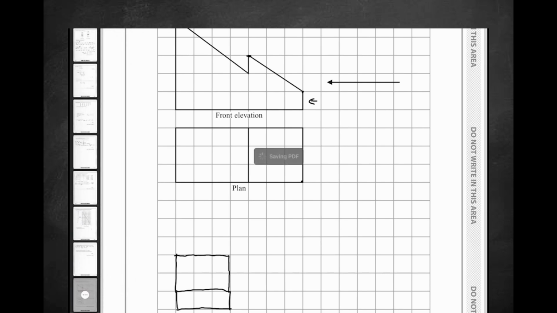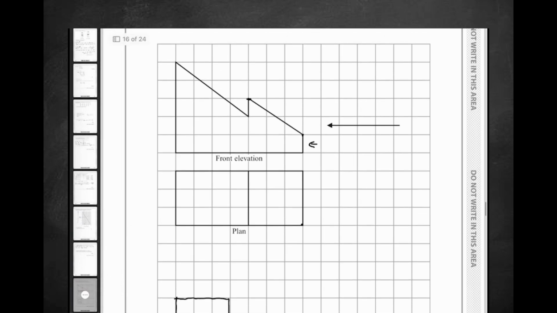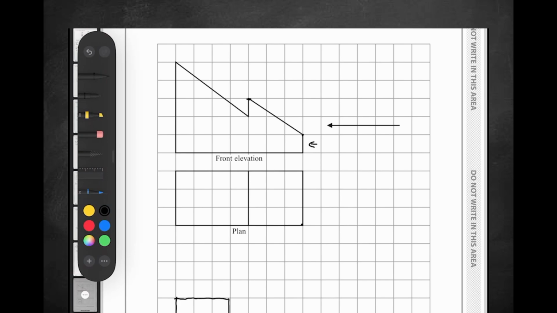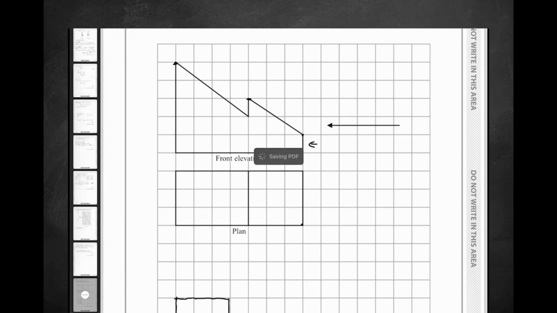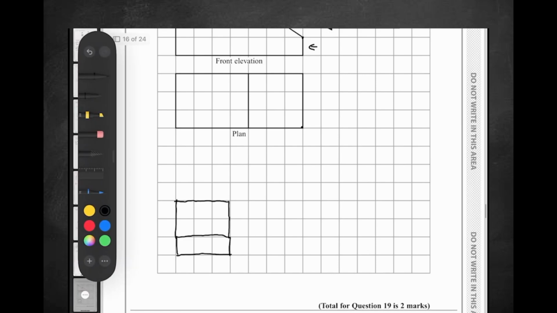And then I'll just move this up slightly. We're going to need to increase the height again up to a height of 5. And as you can see, the plan stays consistent with a width of 3 the whole time. So as long as we get up to a height of 5, I think we're okay.